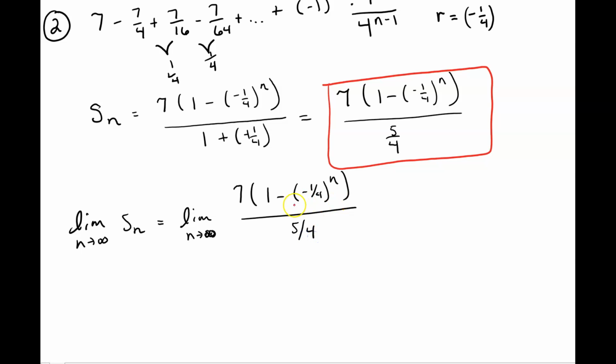So this -1/4 to the nth goes to 0 as n goes to infinity. This leaves us with what? 7 divided by 5/4, which is the same as 7 times 4 out of 5, which is what? 28 out of 5. So this series sum converges to 28 out of 5. Okay, and it's just as simple as that.